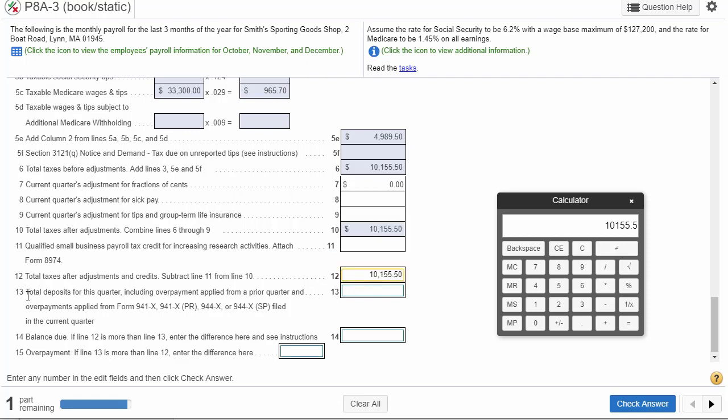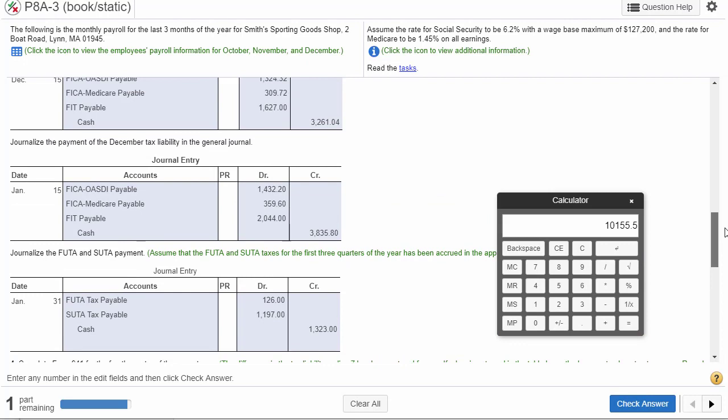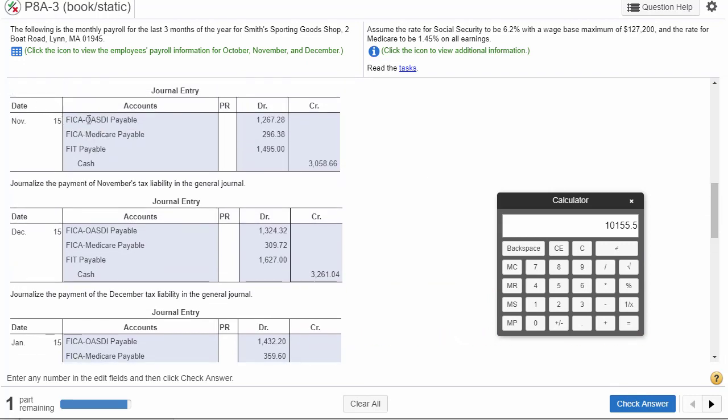Okay, and then line 13, total deposits for the quarter. So how do we find out how much we deposited? Well, we're going to go back up here. Remember where we paid for FICA FIT. Here's our FICA, and here's our FIT. So here's one payment of FICA FIT.